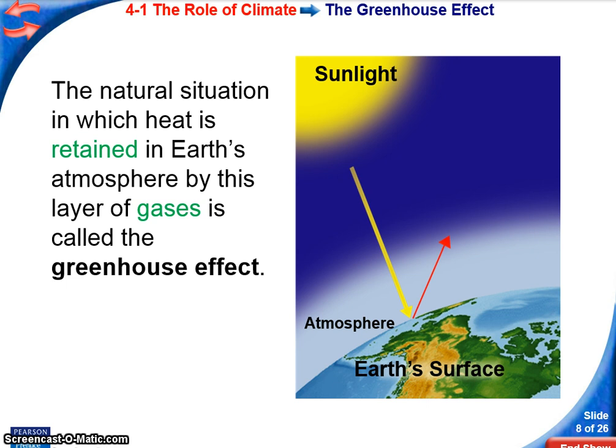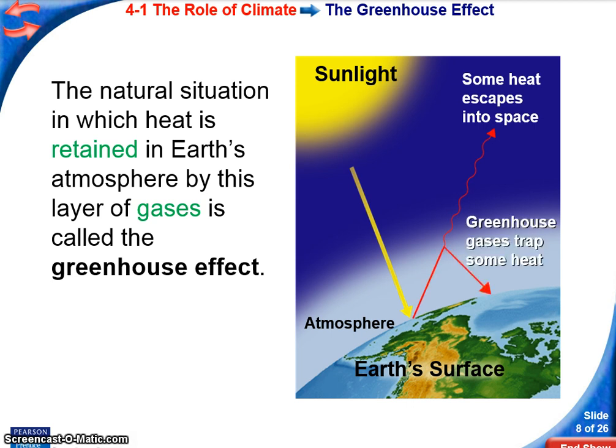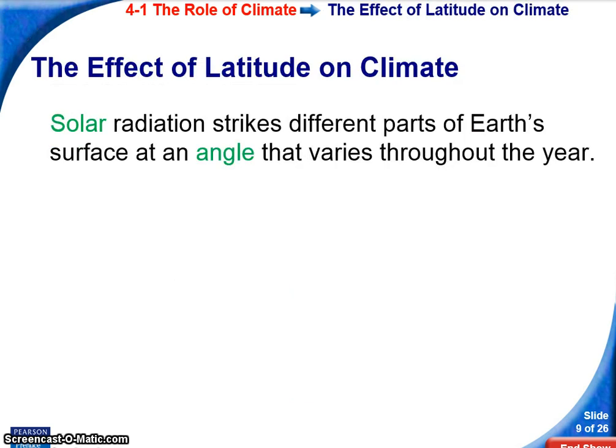At that point, when it goes back up into the atmosphere, some of the heat is going to escape out into space, but some gets trapped by these greenhouse gases. So these gases that we just talked about, the carbon dioxide, the methane, the water vapor, they're going to trap that heat and help to heat the Earth up. That is the greenhouse effect.